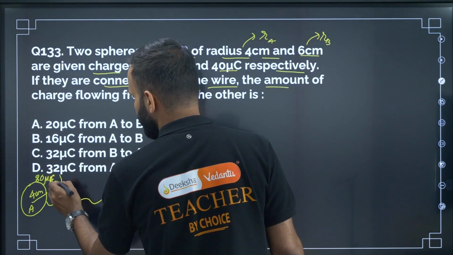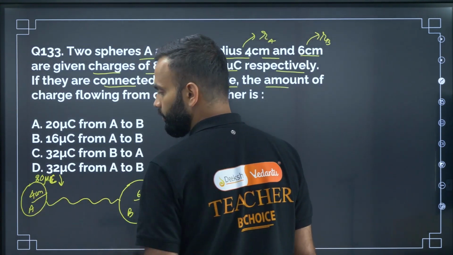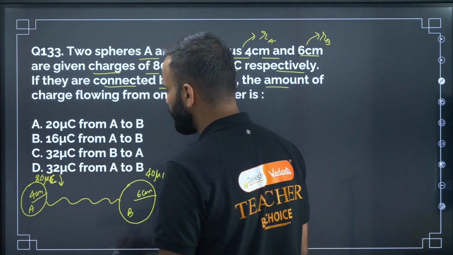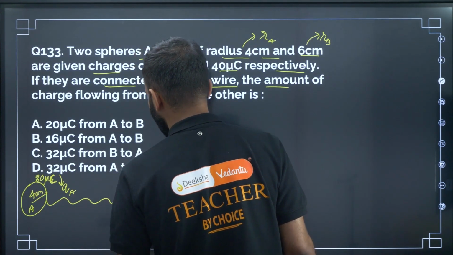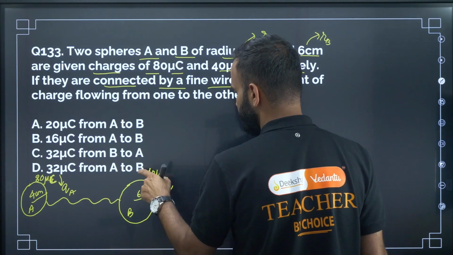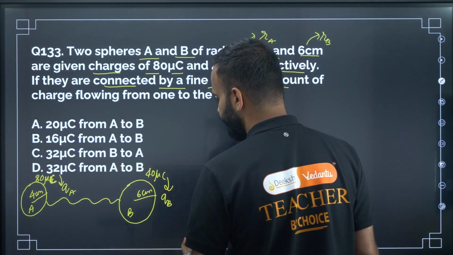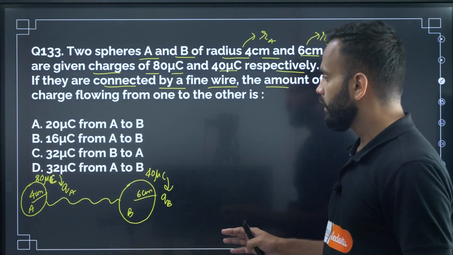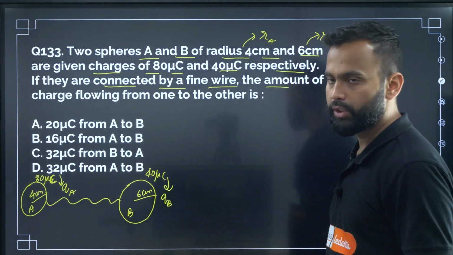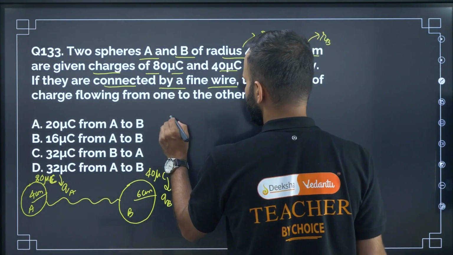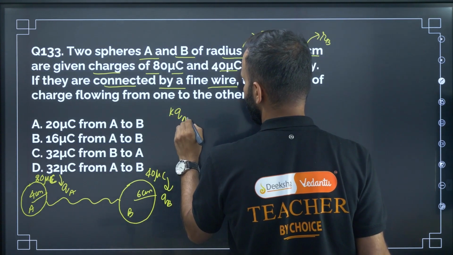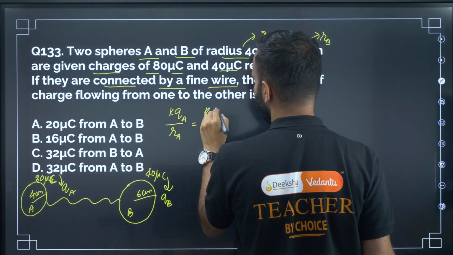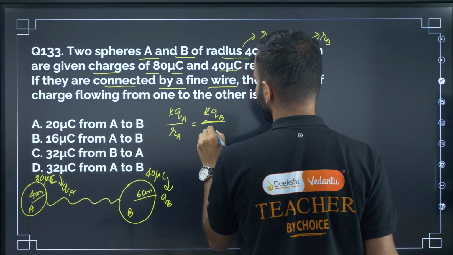So when charge moves, the charge on sphere A comes from 80 microcoulomb to QA, and charge on sphere B comes from 40 microcoulomb to QB. Okay, so there will be a flow of charge till the potential of A equals potential of B. So that is KQA by RA is equal to KQB by RB.